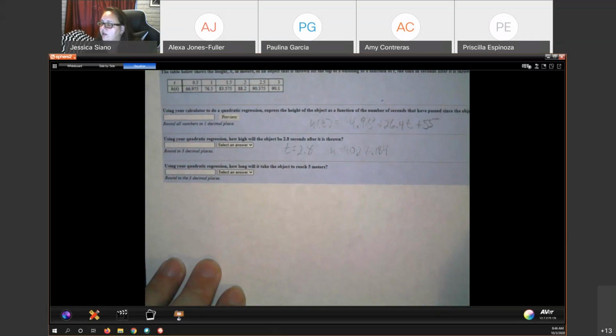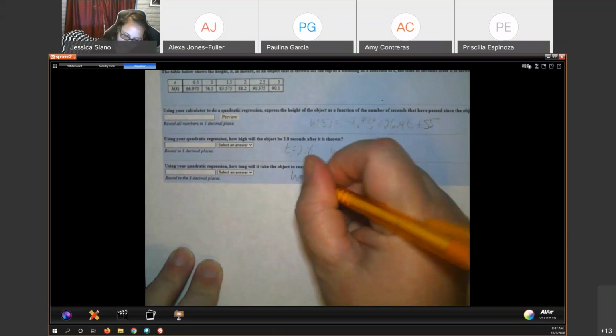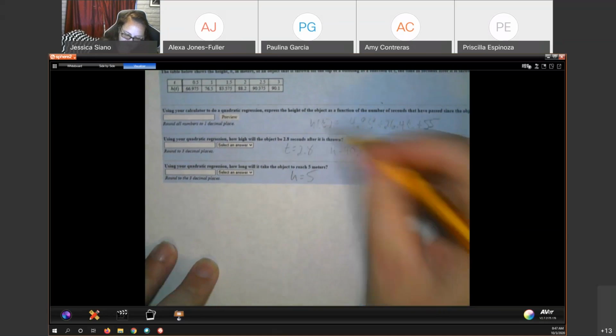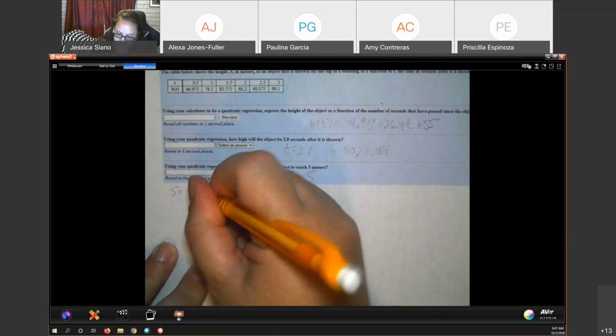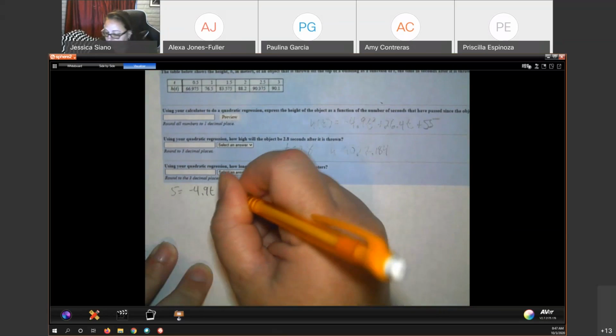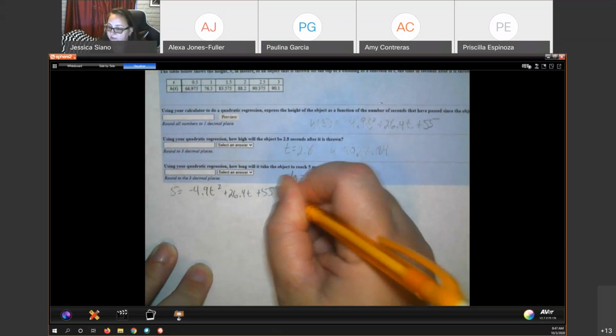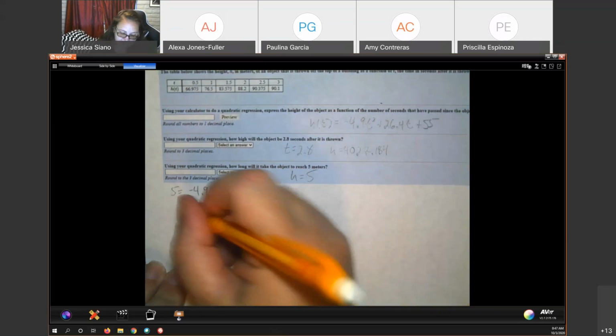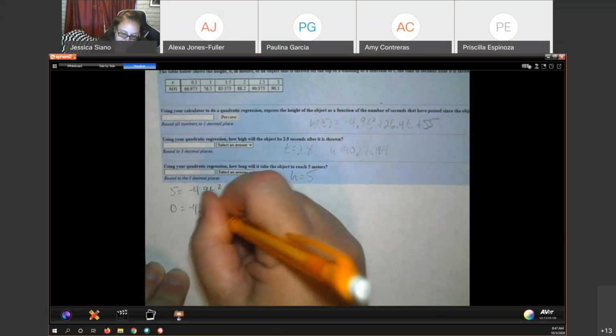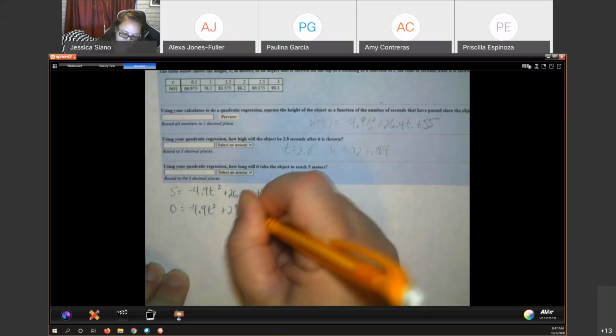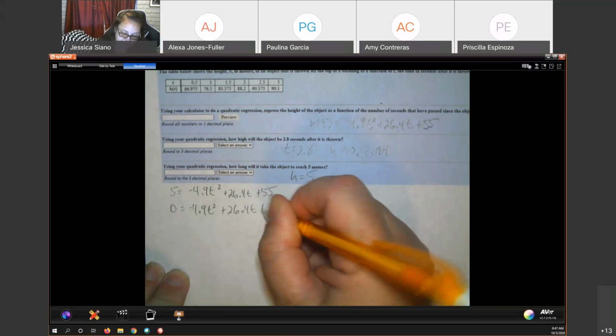And then use your quadratic regression. How long will it take for the object to reach 5 meters? So that's a height of 5 meters. So we're going to plug in 5 here. 5 equals negative 4.9 T squared plus 26.4 T plus 55. If I subtract the 5 from each side, negative 4.9 T squared plus 26.4 T plus 50.